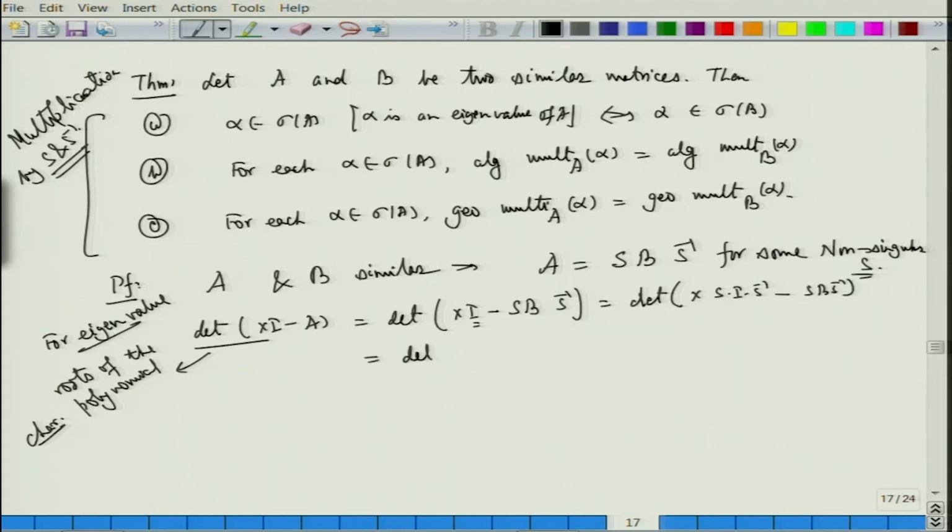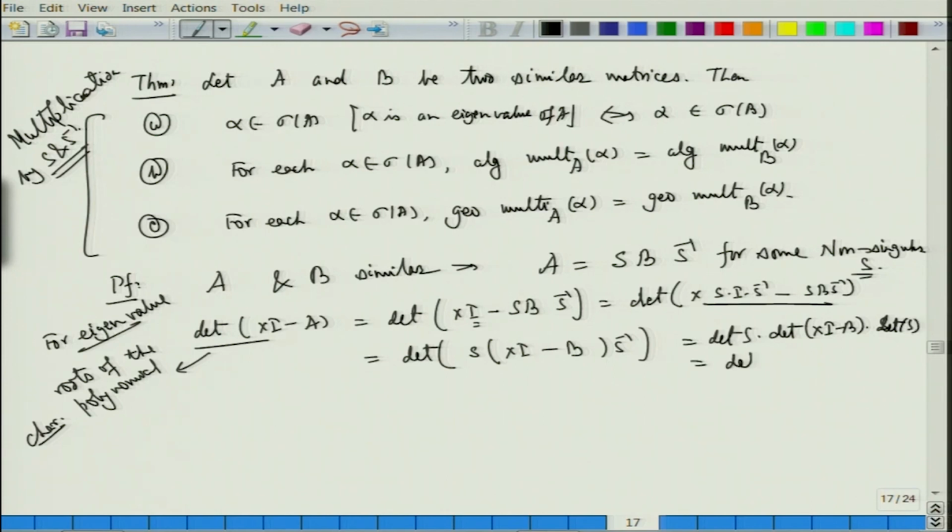I can take S common on this side and S inverse on this side, and I get xI minus B here, which is the determinant of S into the determinant of xI minus B into the determinant of S inverse, which is the same as the determinant of xI minus B.